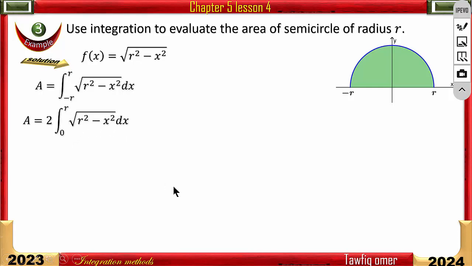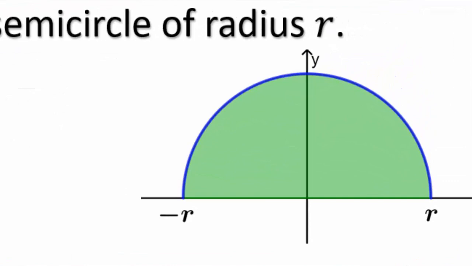And now, to find this integration, we must use substitution. First of all, let us take a point on the semicircle. Let this point be (x, y). And now draw a segment from 0, 0 to this point.